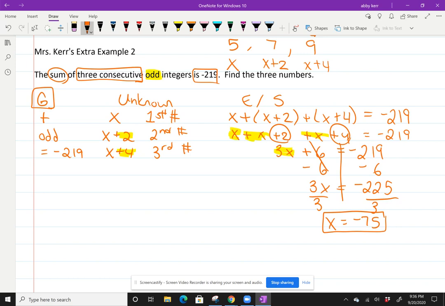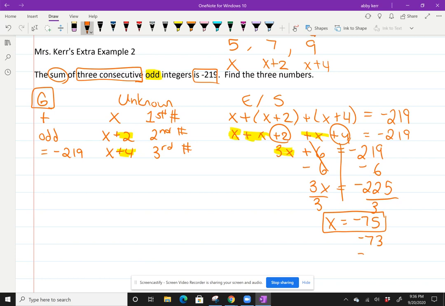The next odd number is actually going to be negative 73 because we're working backwards.